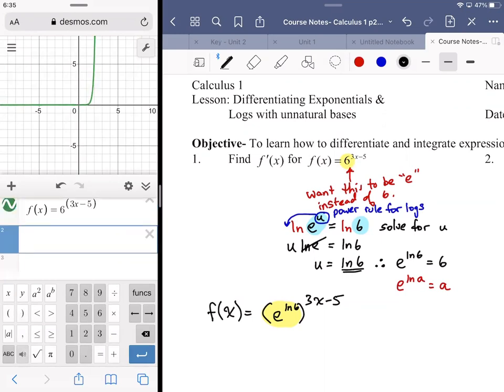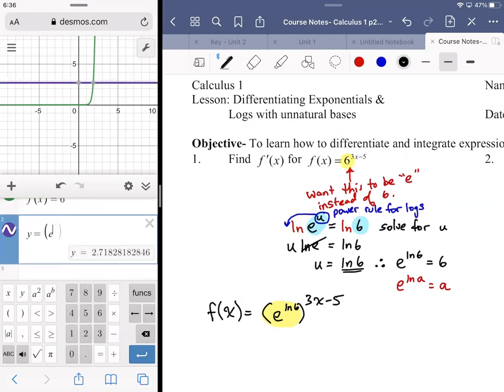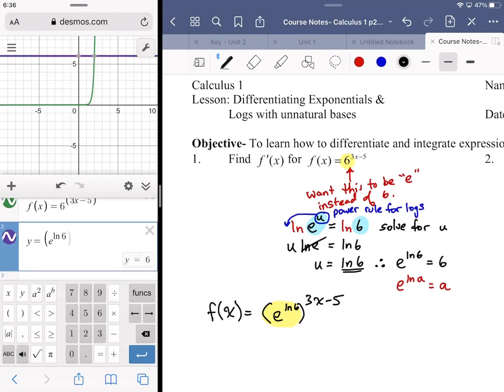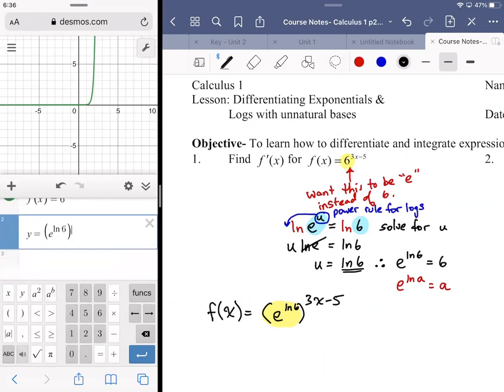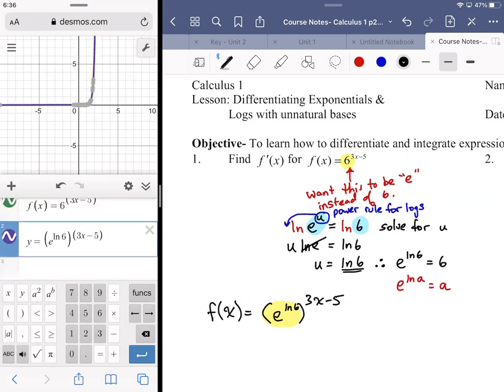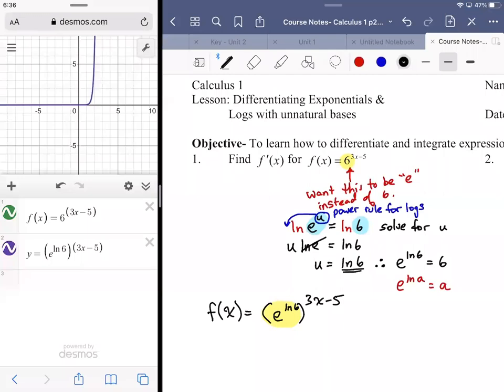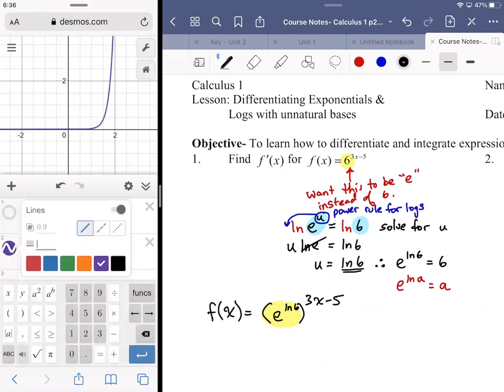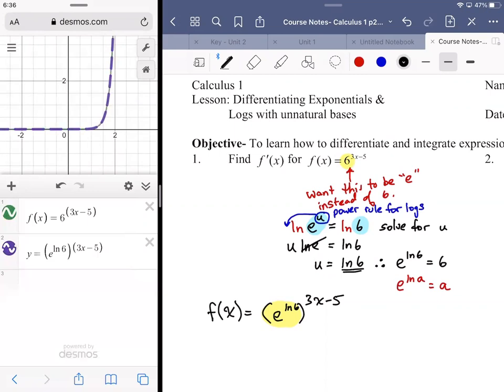This is what I'm putting in. I'll write it as y equals so that there's no confusion between the f of x's. So paren e raised to the ln of 6, close it up, raise it to the 3x minus 5. And you see that we're looking at two graphs that are mapping to the same location. And again, make one thicker and dashed so that you could really see the relationship.